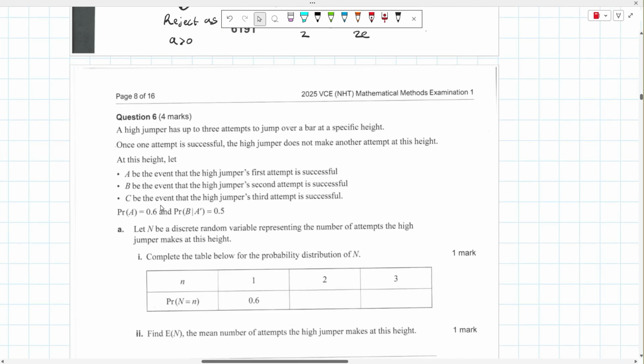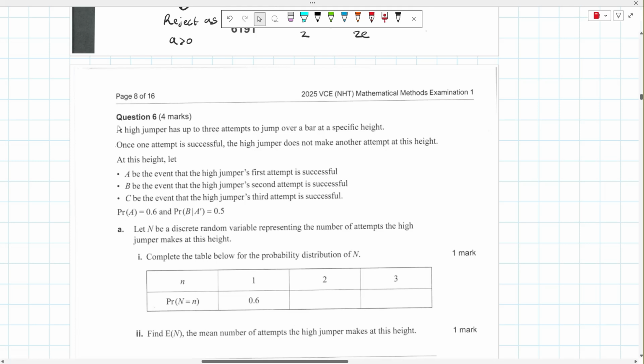Okay, this is seeming like a probability question. So a high jumper has up to 3 attempts to jump over a bar at a specific height. Once one attempt is successful, the high jumper does not make another attempt at this height.